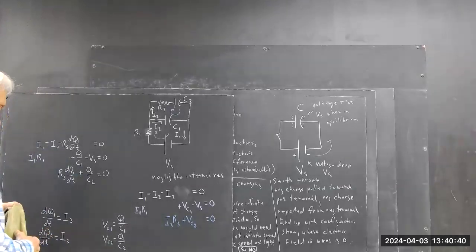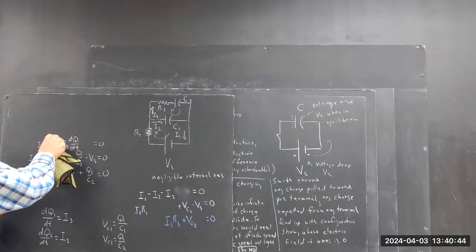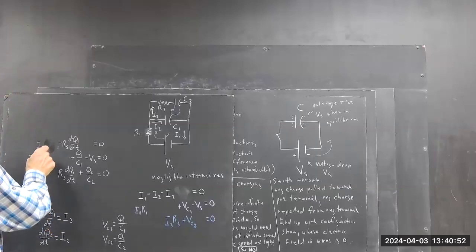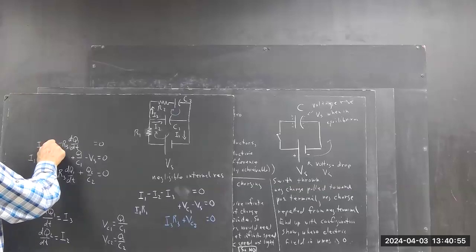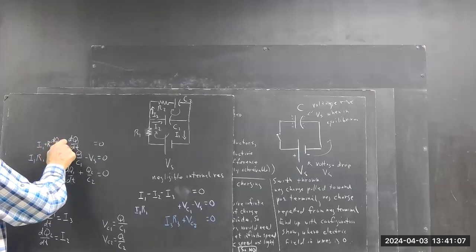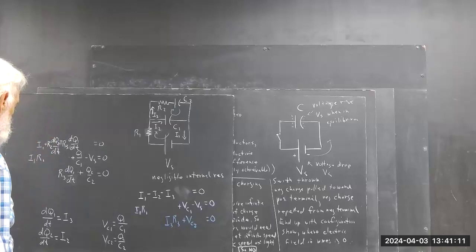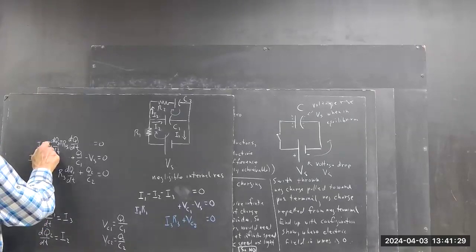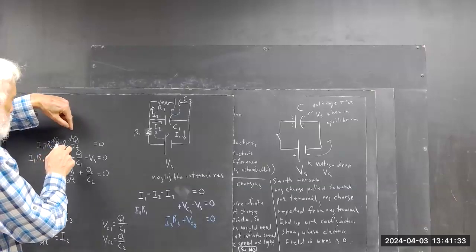And I2 is R2 dQ2/dt, and that should be minus. Then I1 is just going to be R2 dQ2/dt.